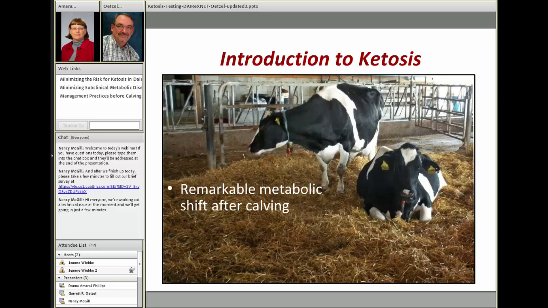It's an incredible metabolic shift when cows enter lactation, going from a dry period with low requirements, a little bit from pregnancy, and then suddenly ramping up to this tremendous energy draw. There's an old saying that a dairy cow's metabolic activity producing milk is equivalent to running about a marathon a day.